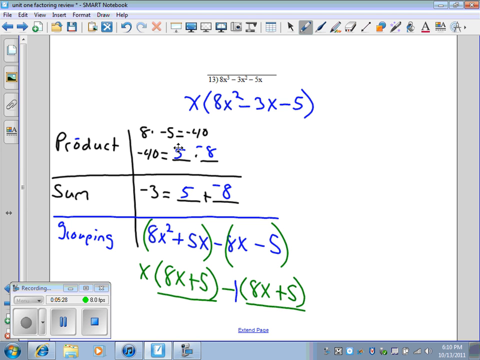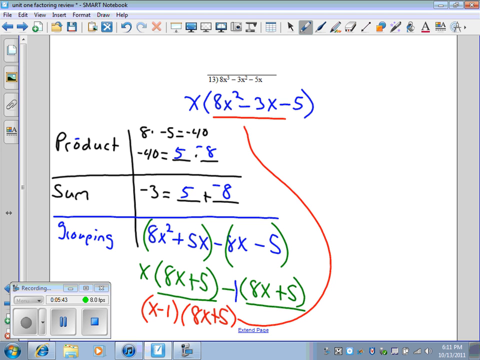And I get x minus 1 times 8x plus 5. Now this, again, was just for that part. So my final answer is going to be x times x minus 1 times 8x plus 5.